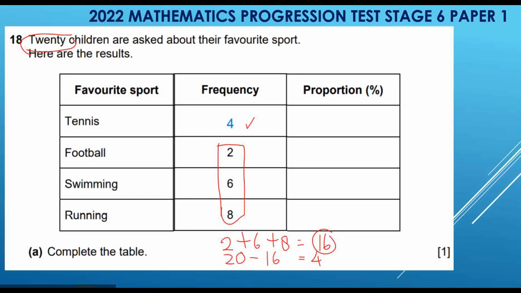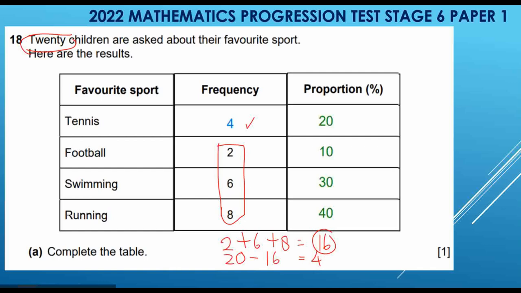Now the proportion is this one: 20, 10, 30, and 40. How do we get the proportion? The first one is tennis, which is 4. So we have 4 over the total, which is 20, times 100%.